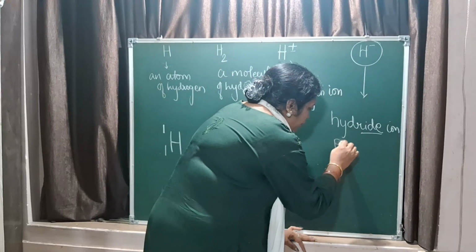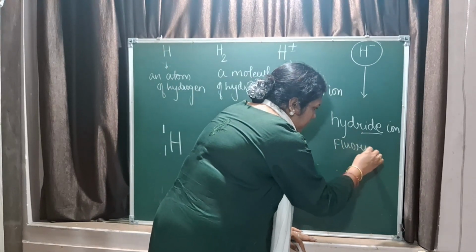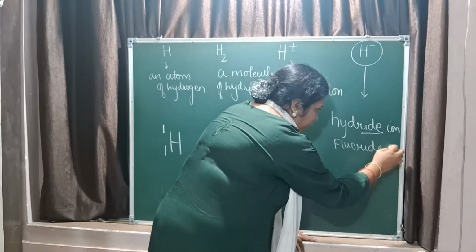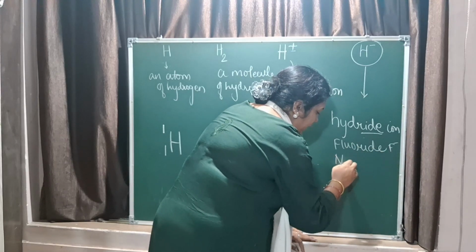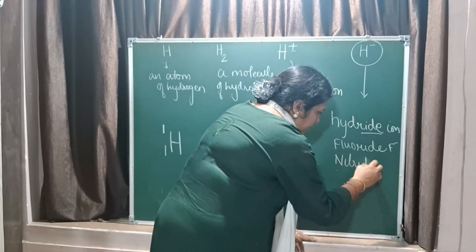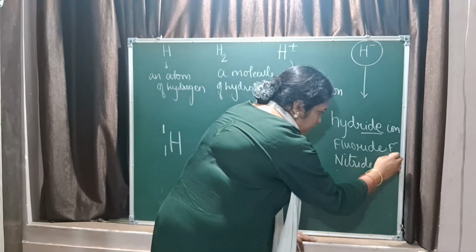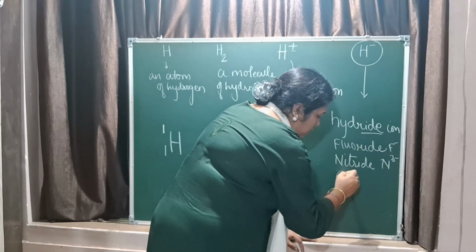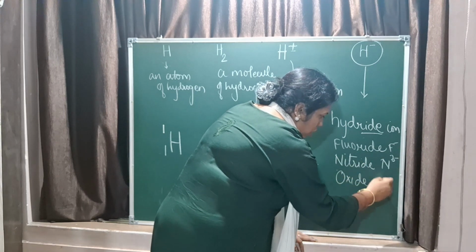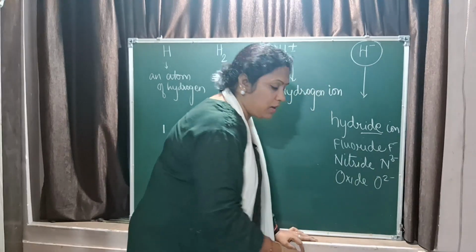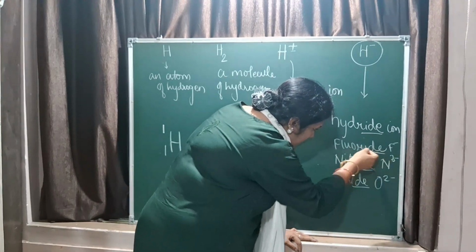Fluoride, F minus, nitride, N3 minus, then you have oxide, O2 minus. You can see all IDEs.